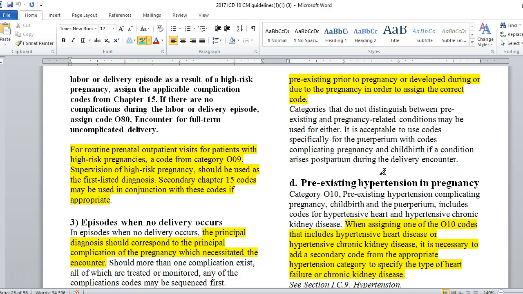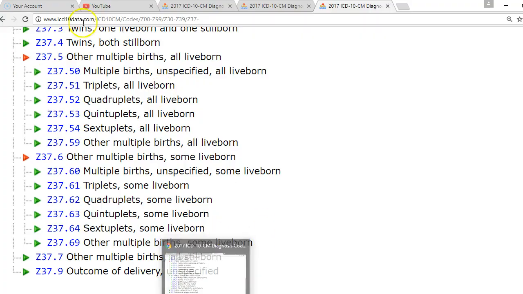Categories that do not distinguish between pre-existing and pregnancy-related conditions may be used for either. It is acceptable for use specifically with the puerperium codes complicating pregnancy and childbirth if a condition arises postpartum during the delivery encounter. Okay, so let's look at a couple of these codes.